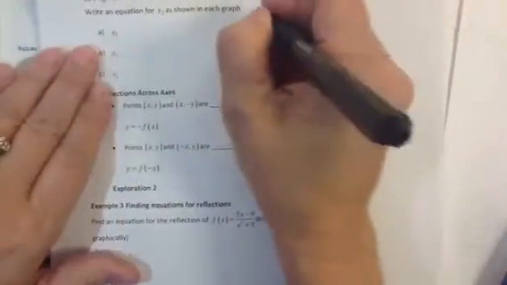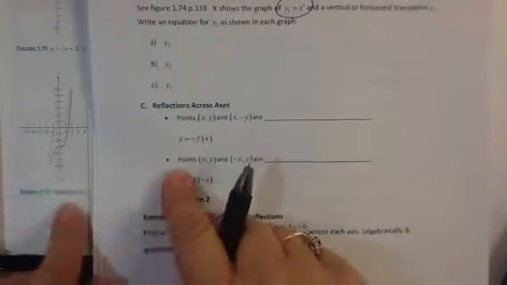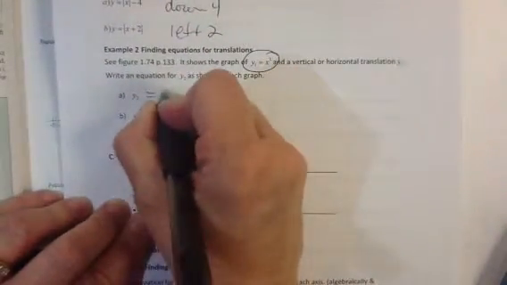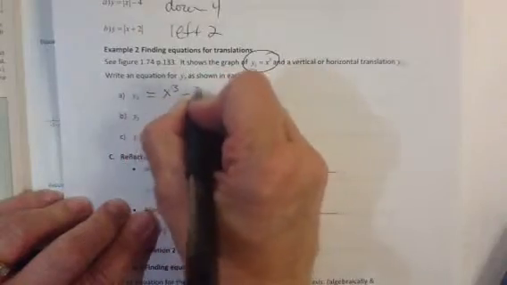Well, let's see. We had y equals x cubed as my cubic. This one went down 3, so I'm going to write my basic as x cubed minus 3.